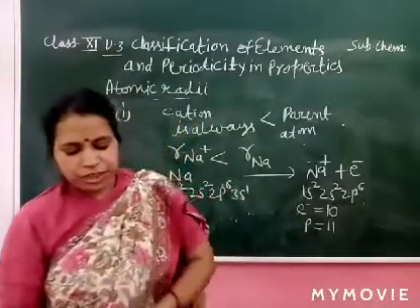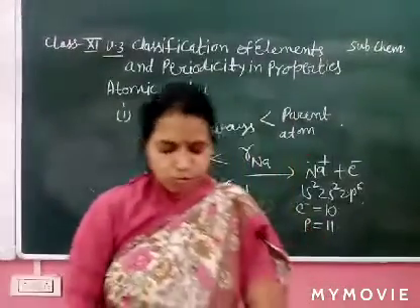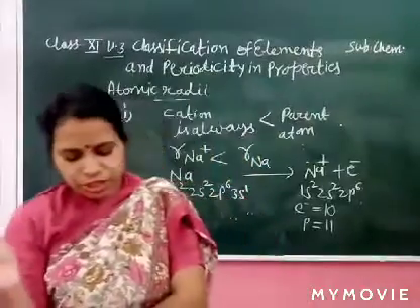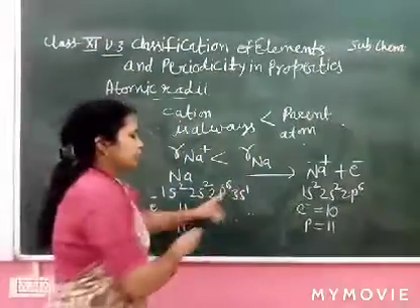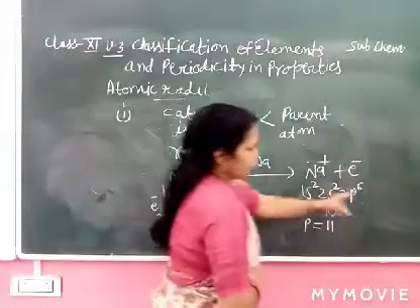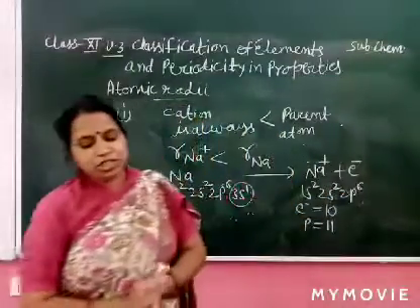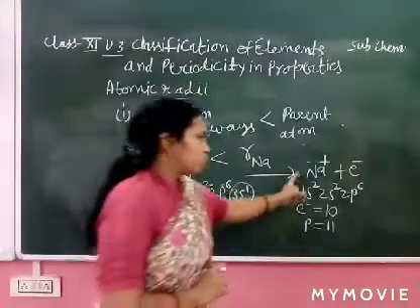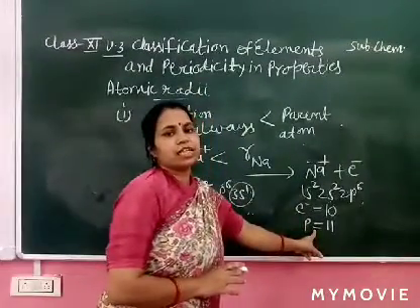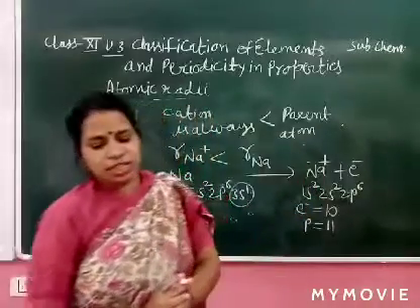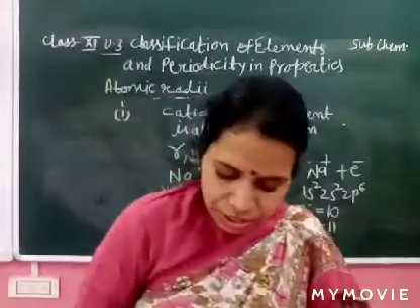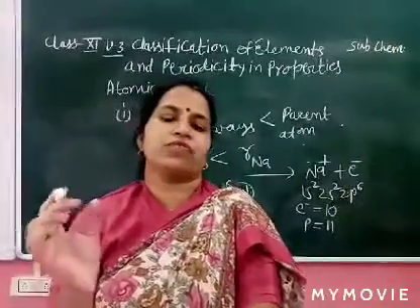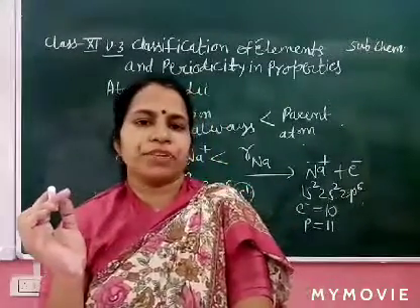The radius of the cation is always smaller than its parent atom, because of the decrease in number of shells, as 3s is removed, and the increase in the effective nuclear charge, because electron number is decreased and proton number is the same. This results in a greater force of attraction by the nucleus on the electrons. So size is decreased. Clear all of you?